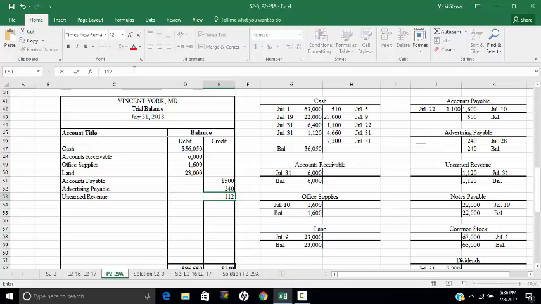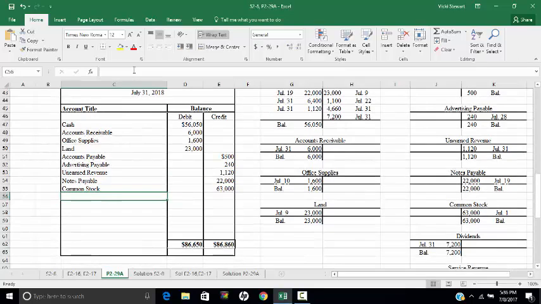Remember, that's a liability account until we earn the revenue by performing the services. And then notes payable, which is also a liability, for $22,000. That's all of our liabilities, so we go on to our stockholders' equity accounts and we record our common stock, which has a credit balance of $63,000.